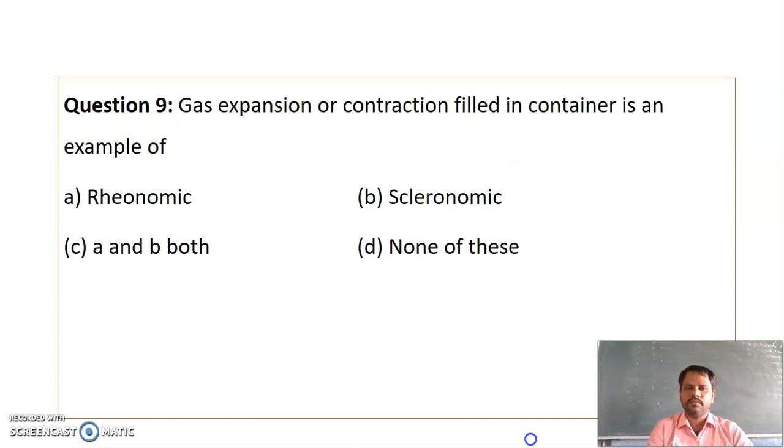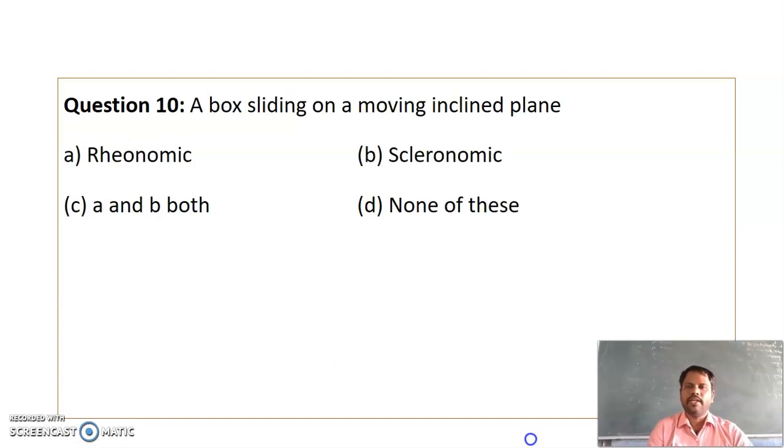Gas expansion or contraction in a container is an example of rheonomic constraint. Question number 10. A box sliding on a moving inclined plane is an example of rheonomic constraints.